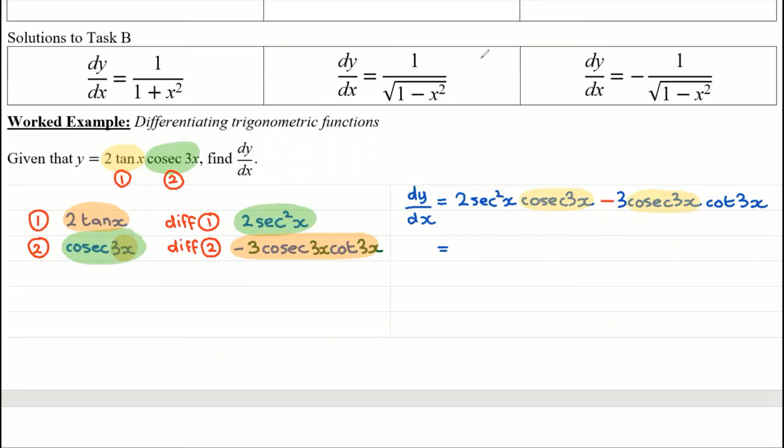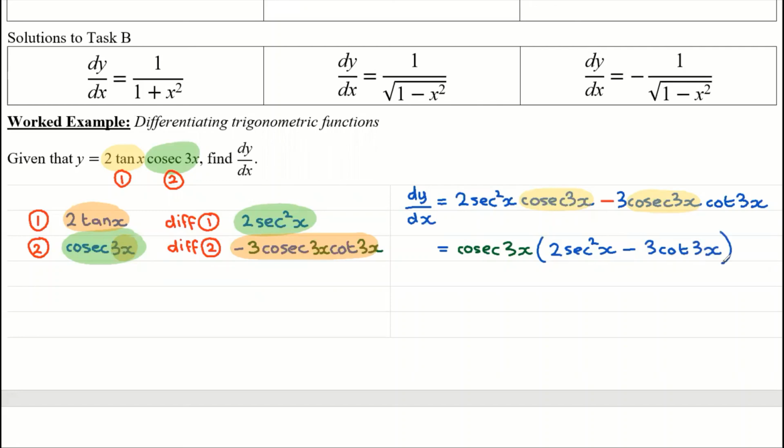That might be useful, of course, if you have to find stationary points, where you have to factorize and then set it equal to 0. That can be useful in that situation. So it's good to do this. Cosec 3x, and then we're going to have 2 sec squared x subtract 3 cot 3x.